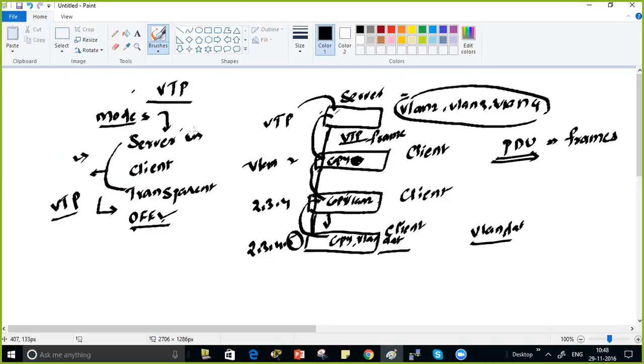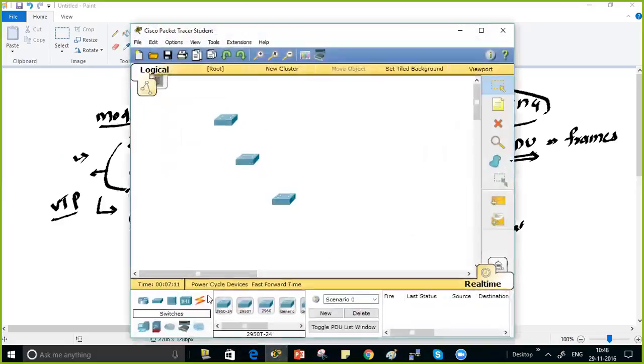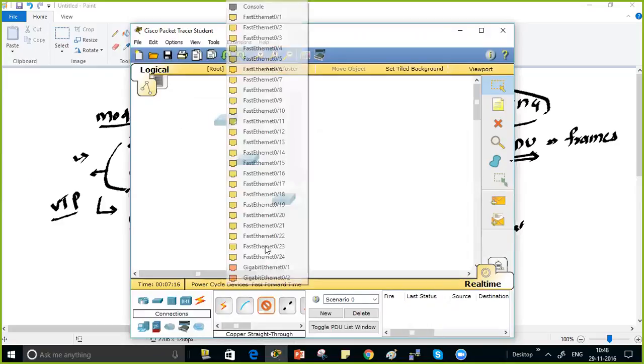If you did not configure the VTP mode, it will directly take server mode. Just see this, I am connecting, and the frames will be sent through the trunk port.